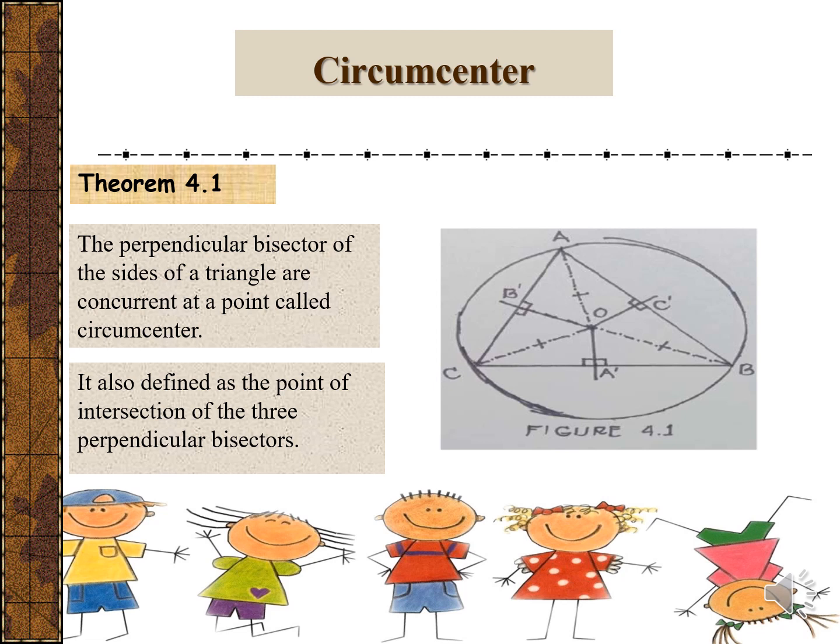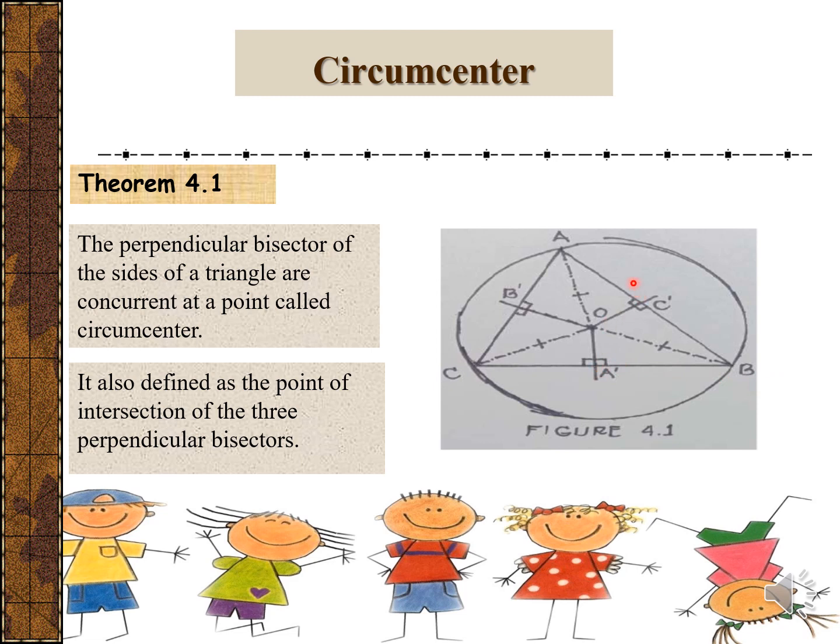The proof of 4.1 depends on showing that the point of intersection of the two perpendicular bisectors lies on the third. Let's say the perpendicular bisector of AC is the line B'O, and the perpendicular bisector of AB is the line C'O.